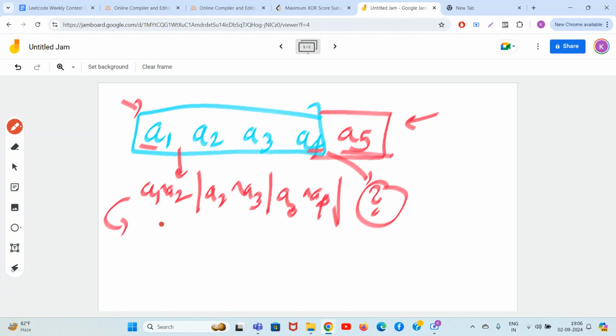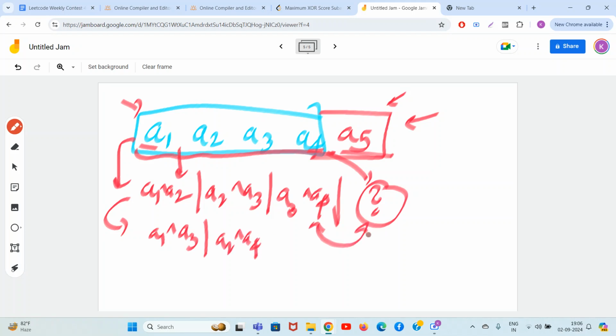Then guys, again you do the process. The first four numbers' process will be the same no matter what the last number is. So again you do the process: A1 XOR A3, A2 XOR A4, and this or this, let's call it another question mark. Now again XOR of these two numbers.